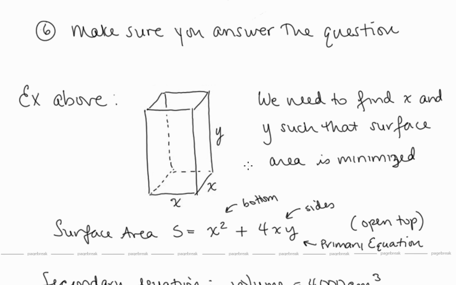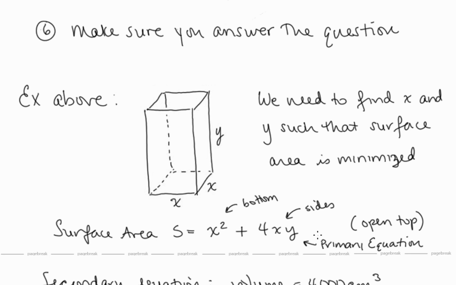So we need the area of the bottom plus the area of the sides. So our surface area S is going to be x squared for the area of the bottom. And then each side has area xy, and we have four sides, so we're going to say plus 4xy. And this is our primary equation. This is the equation of the amount that we want to minimize.